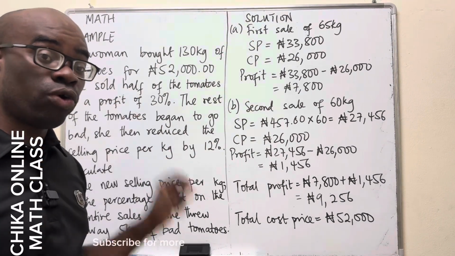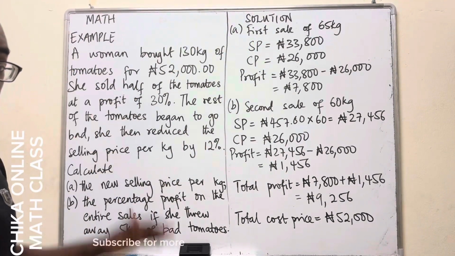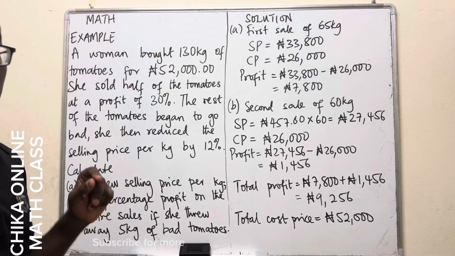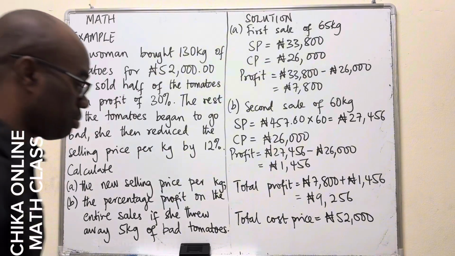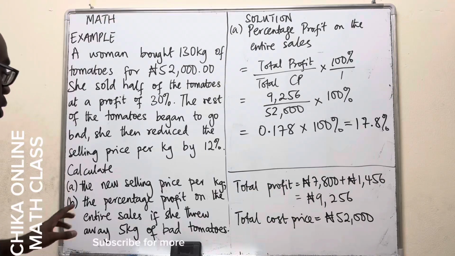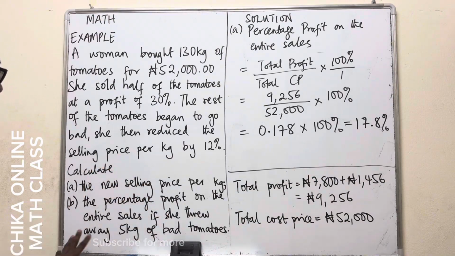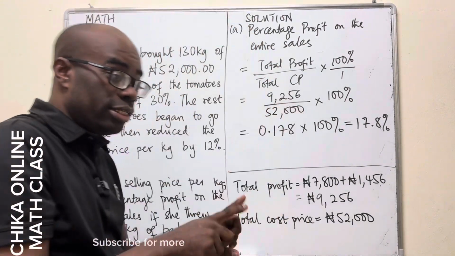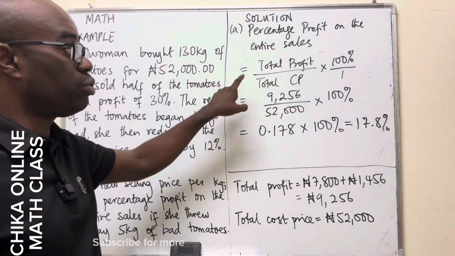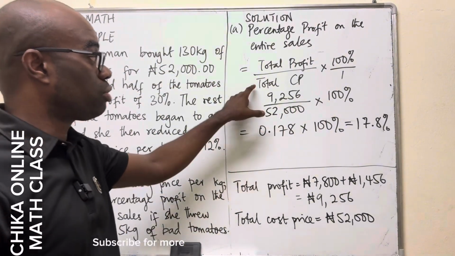Percentage profit equals profit over cost price times 100% over 1. Okay, so let's do it this side because there's no space. So percentage profit on the entire sales is what? Total, that's entire profit over entire cost price. That's total cost price.